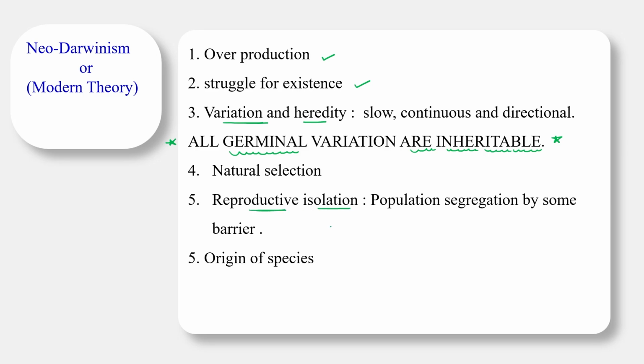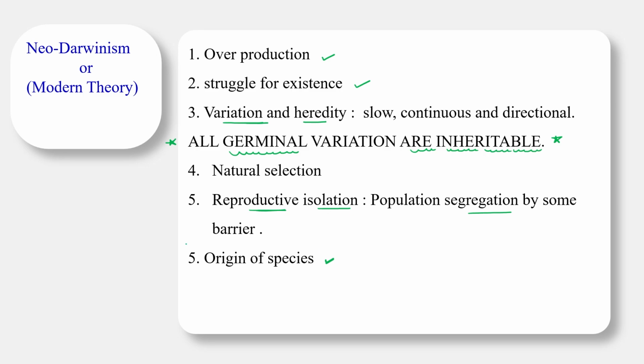If a population is reproductively isolated, a small population is segregated by a barrier from the total population, then slowly it will develop some changes according to the new environment, and this is how a new species can develop, or origin of new species can occur.